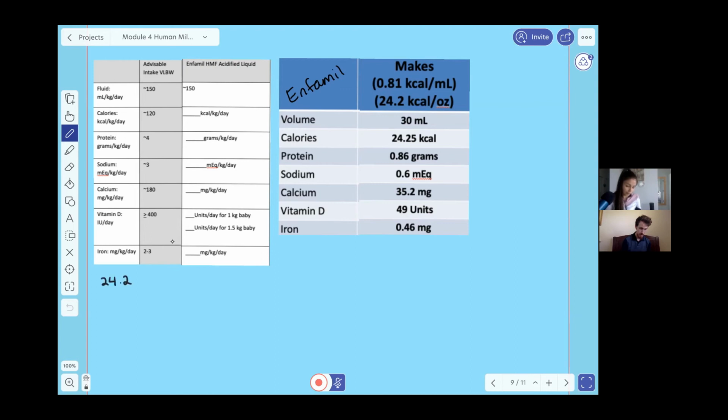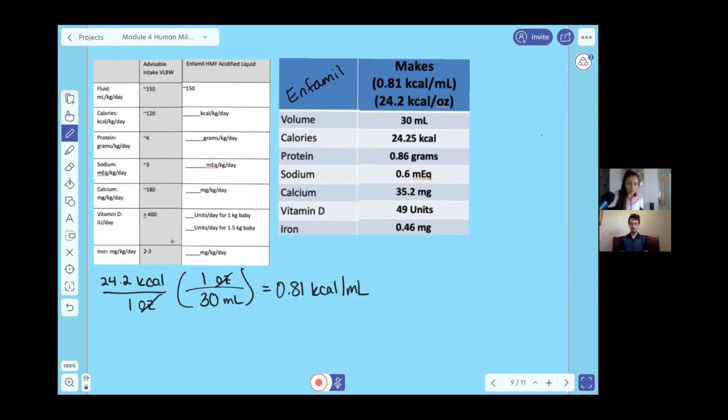We're going to take the 24.2 calories per 1 ounce and multiply that by the conversion factor. Remember, there's 30 milliliters in 1 ounce. In this equation, we want to cancel out the ounces, so we put that ounce on top, 30 milliliters in 1 ounce. This will cancel out, and then 24.2 divided by 30 gives us 0.81 calories per milliliter for this formula.